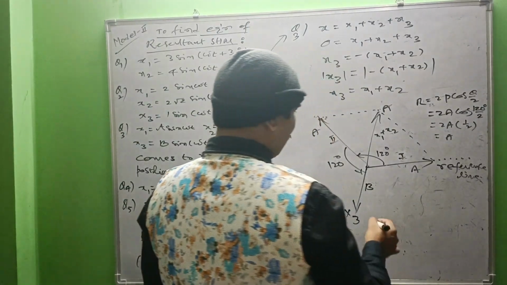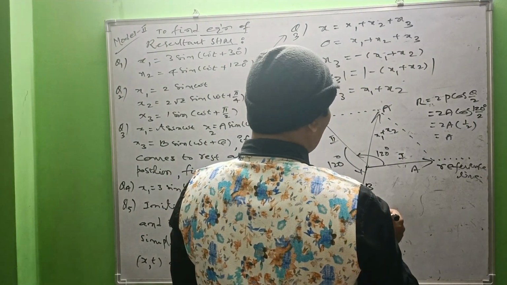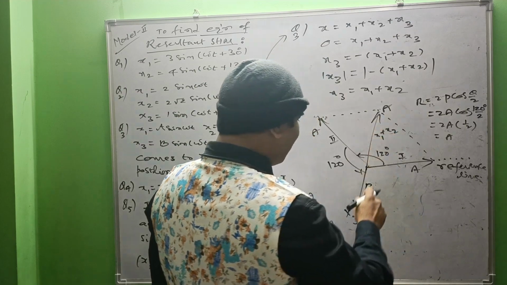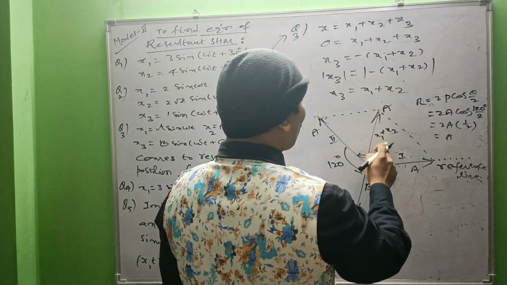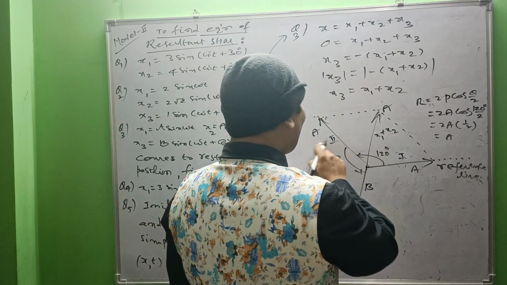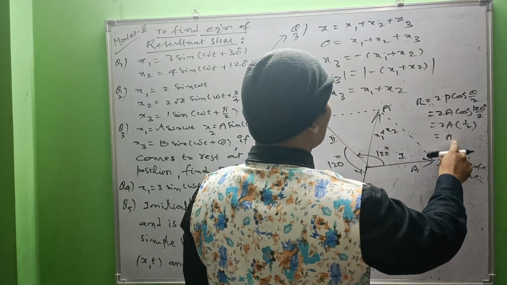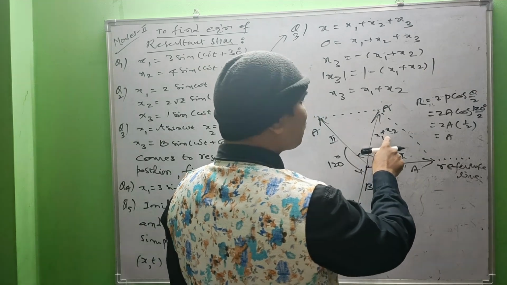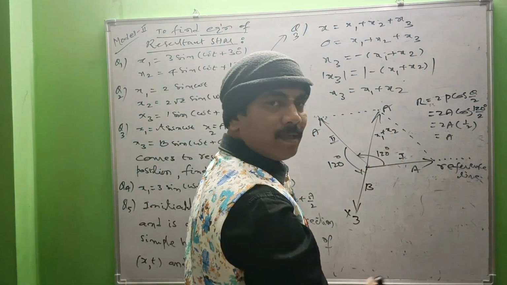Of course, these two are of the same magnitude. Therefore, what is the resultant amplitude between these two? That is A. Here also, x3 and x1 plus x2 have the same magnitude.